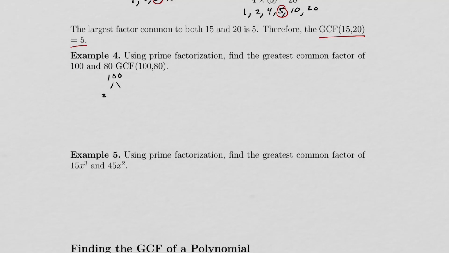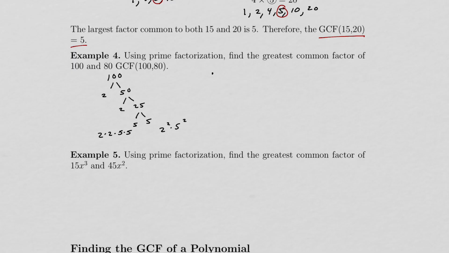This is 2 times 50, 2 times 25, and then 5 times 5. So I can write this as 2 times 2 times 5 times 5, or if you want, you could write it as 2 squared times 5 squared.